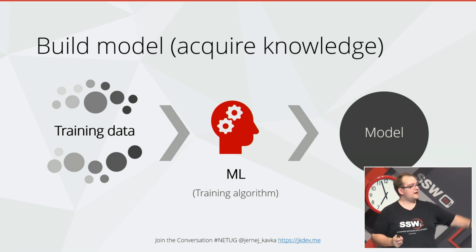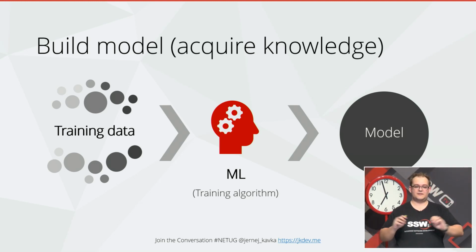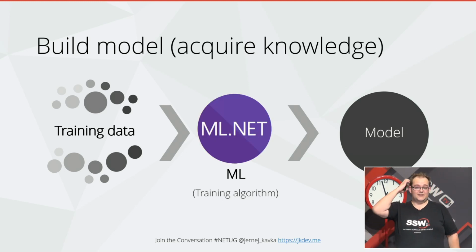And if you look at the process of building a model, I mentioned that there is a black box, a magic that you need to learn. Well, with ML.NET, you get all the algorithms baked in, and they're very easy. It's almost like web API usage of the trainers, building models and stuff like that.